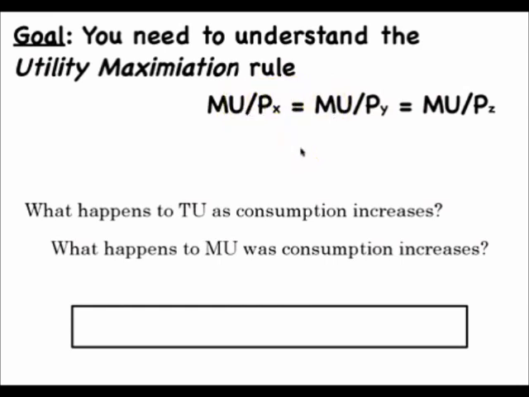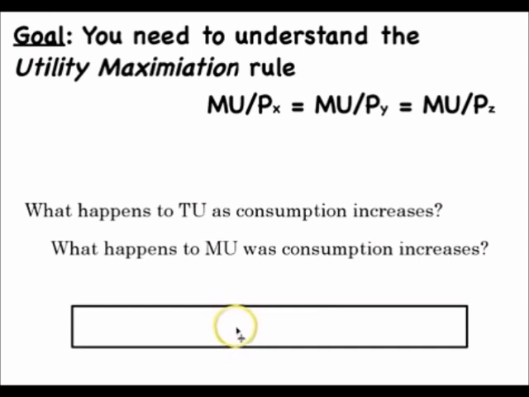There you have it. So, questions that we want to pay attention to. What happens to total utility as consumption increases? As you consume more and more and more of an item, what happens to your levels of satisfaction? We also want to find out what happens to marginal utility as consumption increases. In the end, there's a rule, there's a law that we have to memorize.